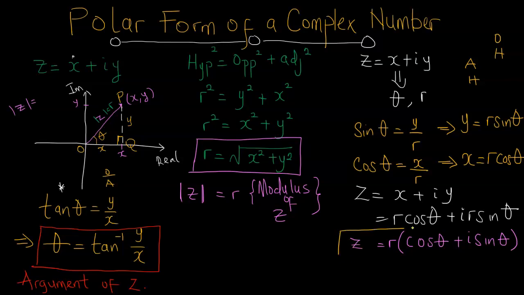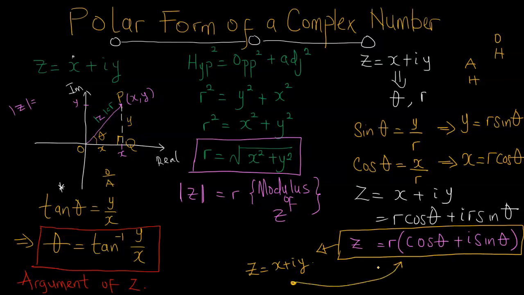What we have here is the polar form representation of the complex number z equals x plus iy. So this is the rectangular form and this is the polar form. And the polar form here, since we've got two parameters, r and theta, is also written as r, this symbol that looks like a less than, then the angle theta. So the polar form can be written in either of these two ways.